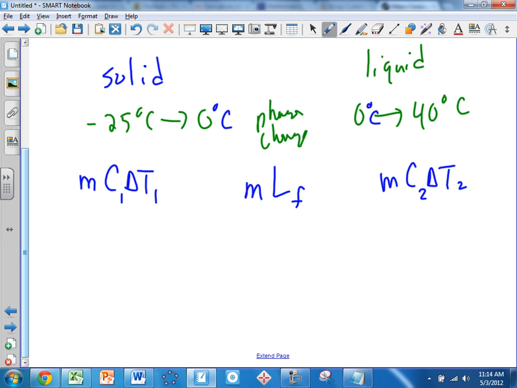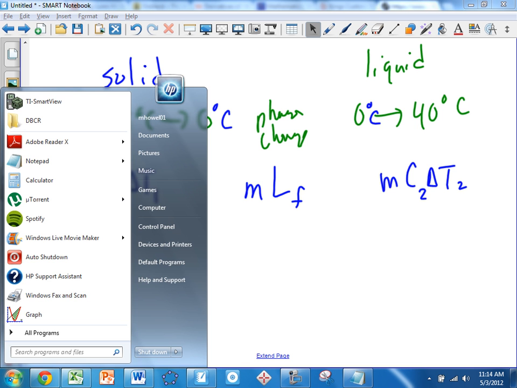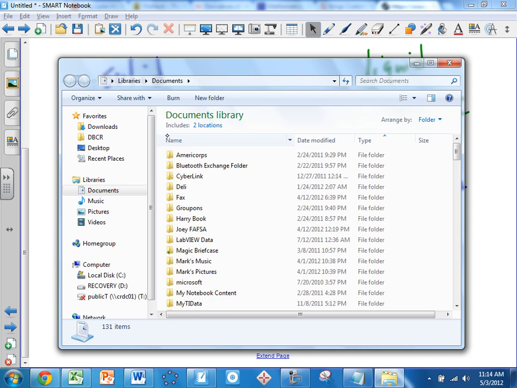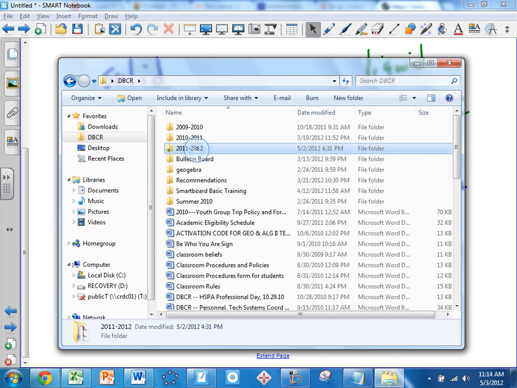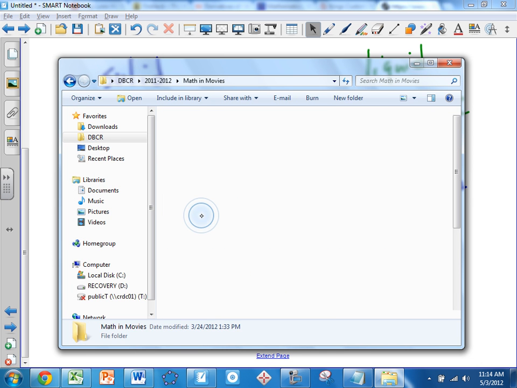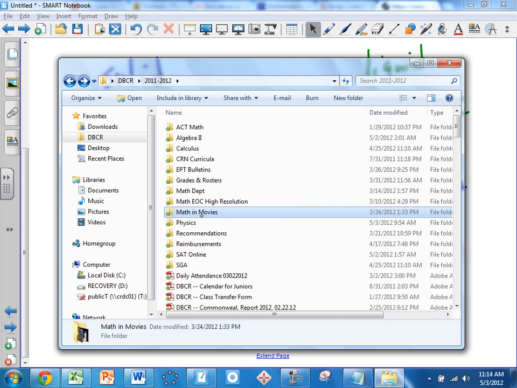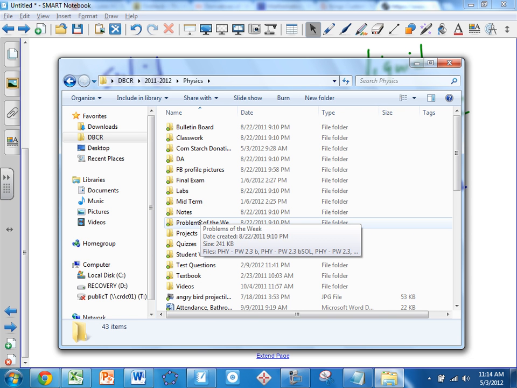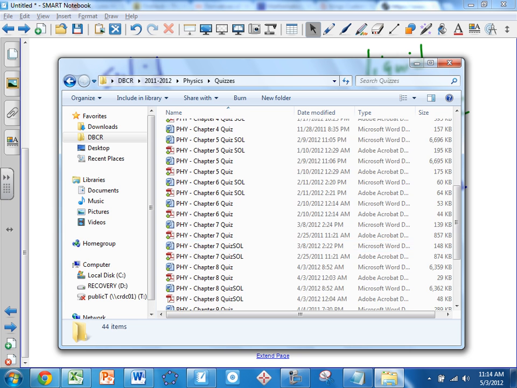Okay, a little V. Now, just to give you guys a little preview of what your formula sheet will look like, so you can see.